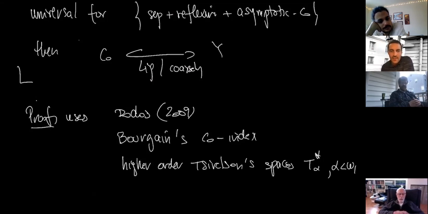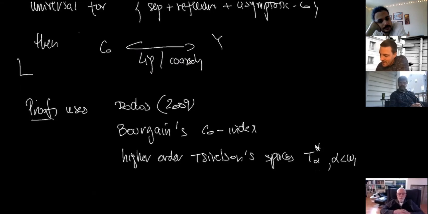So it's really a lazy proof of a nice statement, and everything was pretty much already in the literature, so I don't think we should get too much credit for that. But the main thing is that it uses this result as a black box.